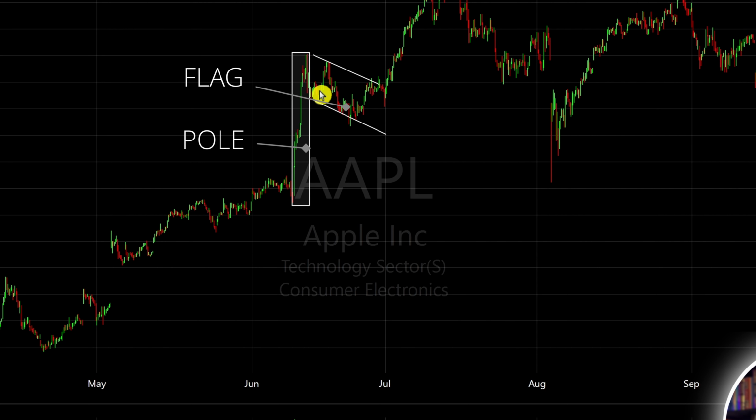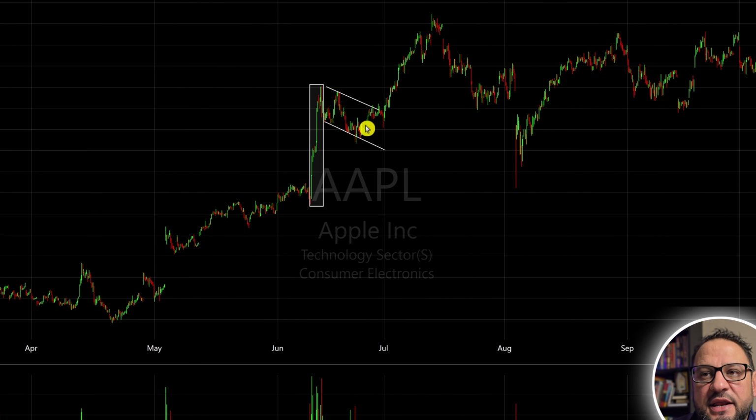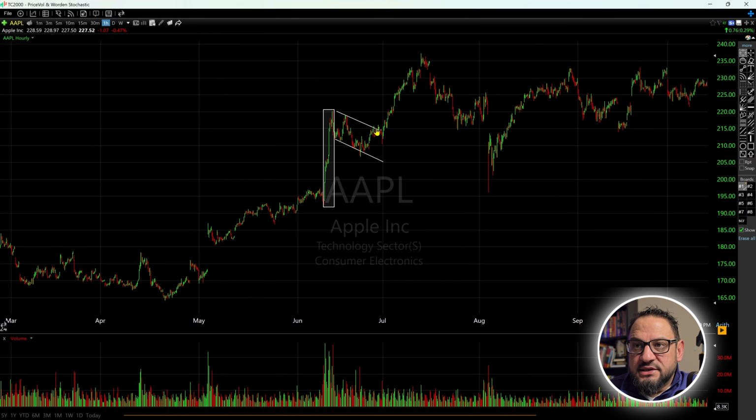They start taking profits, and buyers start coming in during this consolidation, anticipating another rally. When the price breaks out of this flag, it typically signals a resumption in that rally. So there, it's a resumption for another rally again.